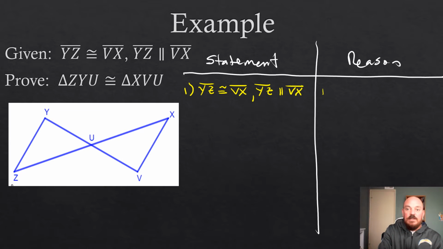Same as yesterday, put given for our reason, but I took out the part about midpoint, so we're missing one of our S's. But let's still mark up our picture. So I said YZ congruent to VX over here. And then I said also parallel. YZ, we'll put the parallel marker, parallel to VX.